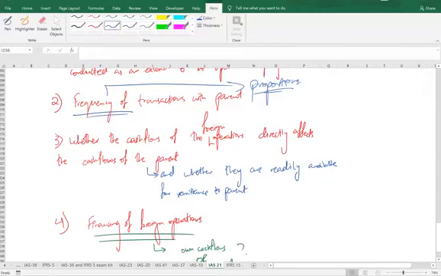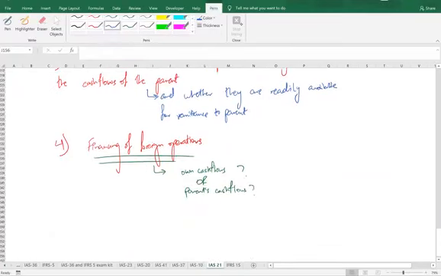Yes. Now, point 3, you got it. Point 4, financing of foreign operations. Can the foreign operation finance its own business through whatever cash flows it has generated? That means, does it even have the right to retain those cash flows?